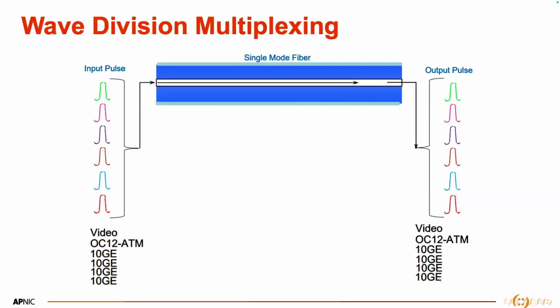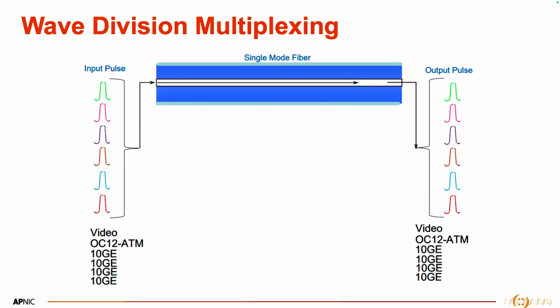As you can see in the diagram, at the input, there are different wavelengths. Like we have colored the wavelengths green or purple or different colors, but keep in mind, these are not visible colors. The waves are colored just to make you understand that they are different wavelengths.